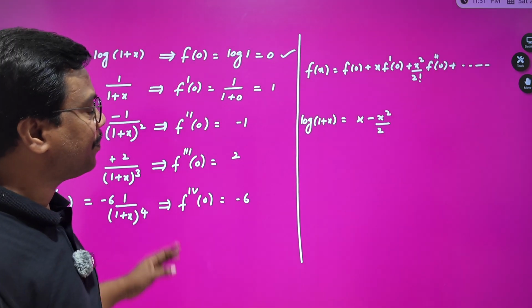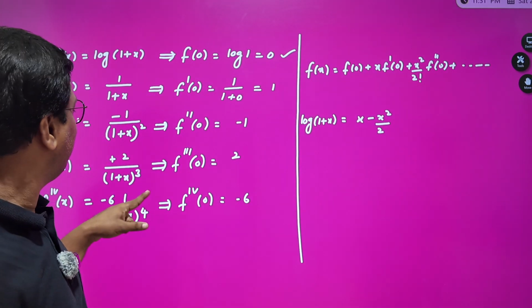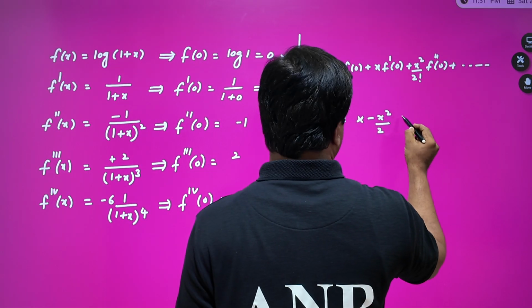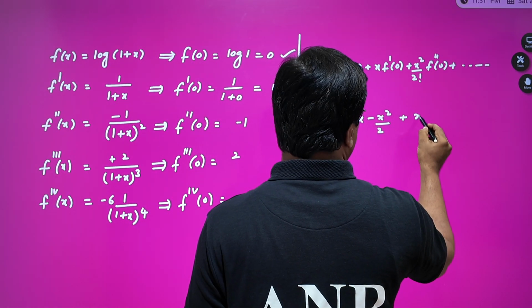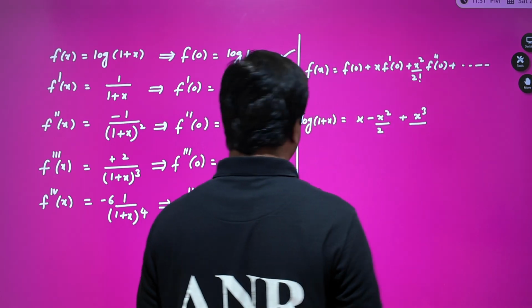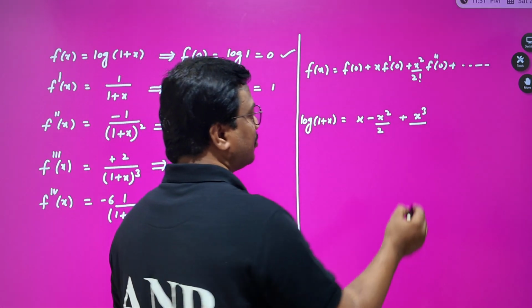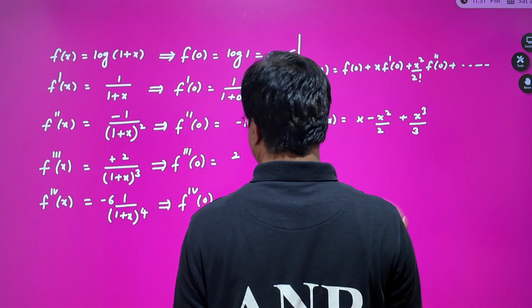Next x cube by 3 factorial multiplied by 2 gives the result 3.